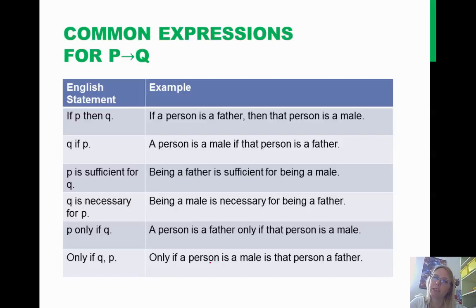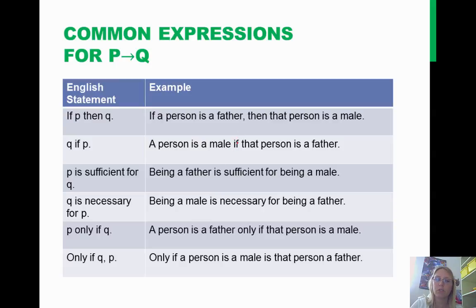Just like with the and statement, there are many different ways to write an if-then statement. Here are some examples that show it in different ways. If P, then Q. If a person is a father, then that person is male. That's the one we were just talking about. We can also say a person is a male if that person is a father.